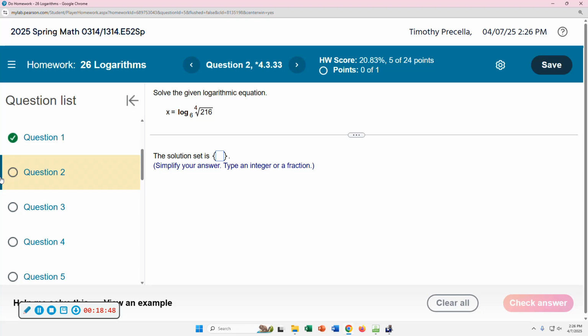Well, if we're going to cancel out that log base 6, what big number do we need after all of that? What do we need right here?